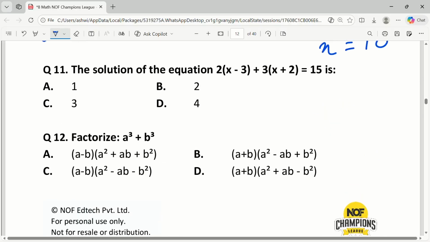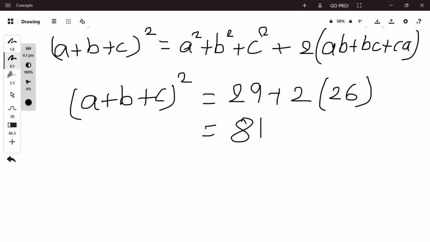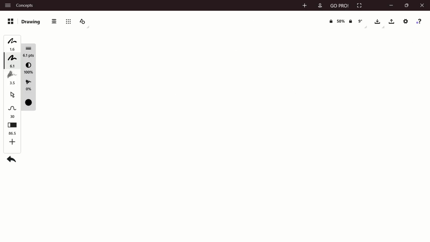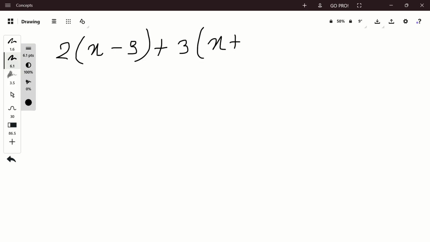Question 11. The solution of the equation 2 times x minus 3 plus 3 times x plus 2 is equal to 15.